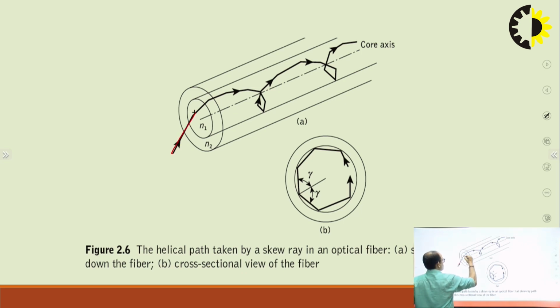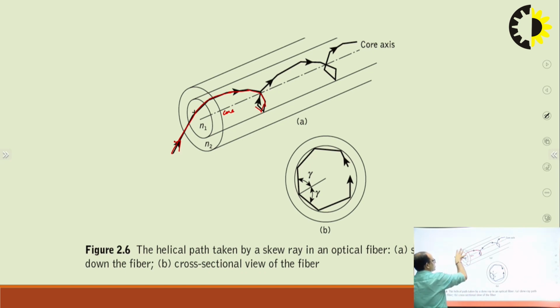If the ray enters the optical fiber at some angle such that it does not cross the core axis, this one is the core axis, it will move around the core axis like this, but it will not cross the core axis, and after each reflection it enters into another plane. So that type of rays are known as skew rays.